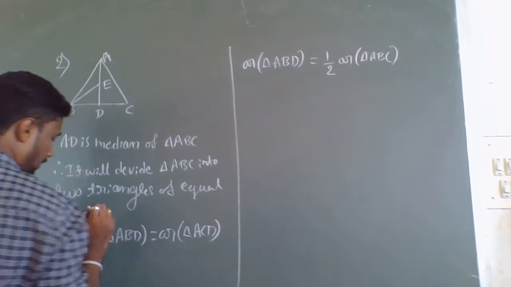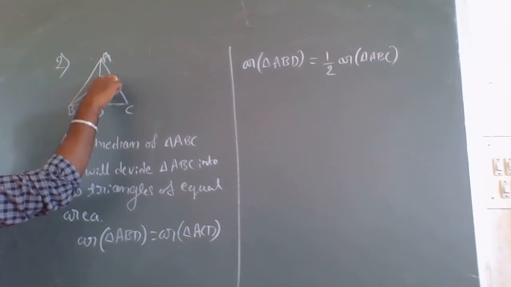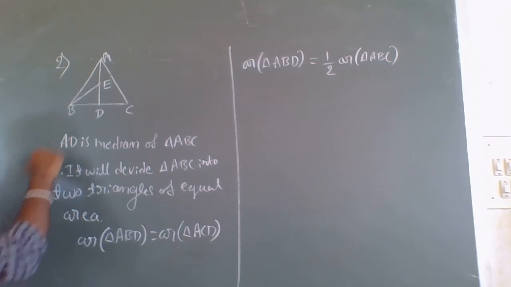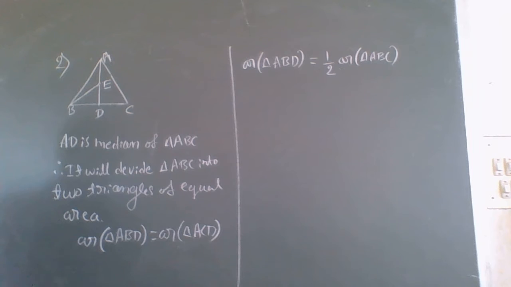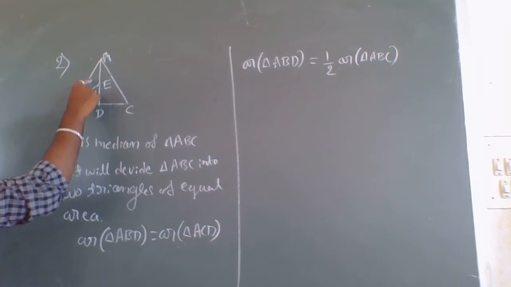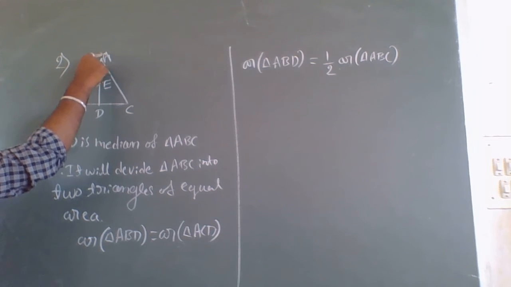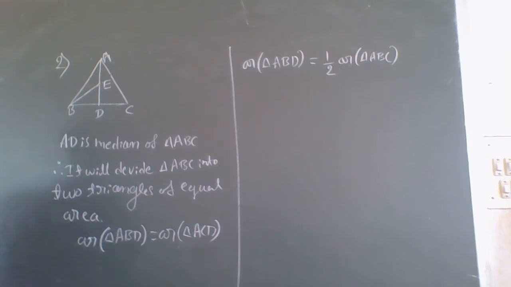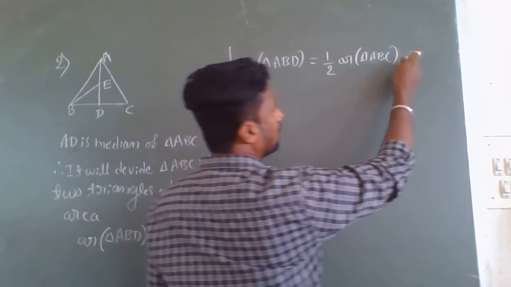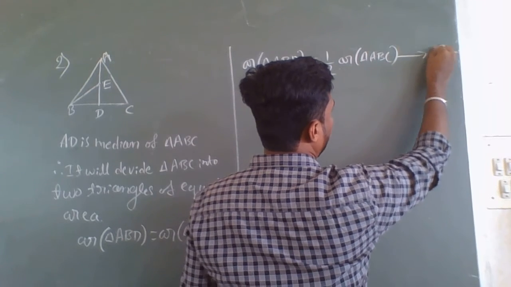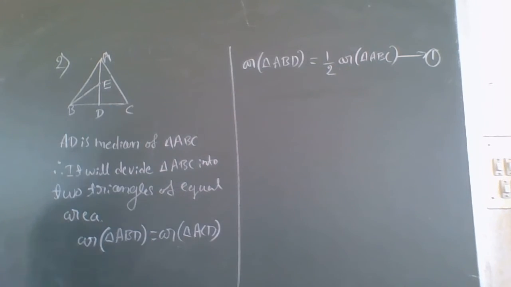Means ABD area equals ACD, so the area of ABD equals half of the area of ABC. I will consider this as 1.